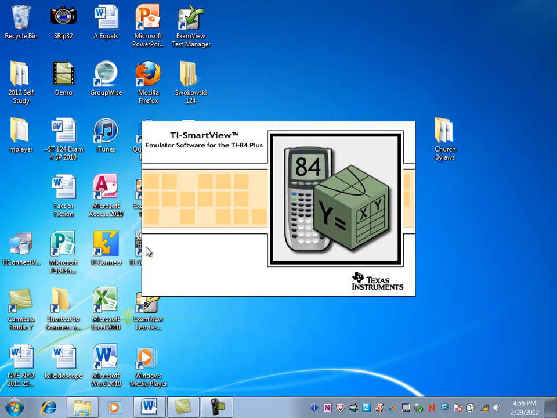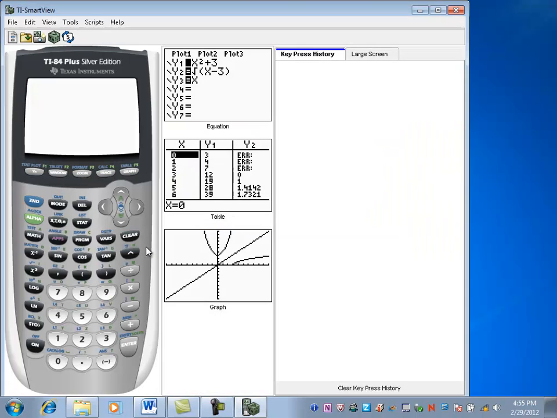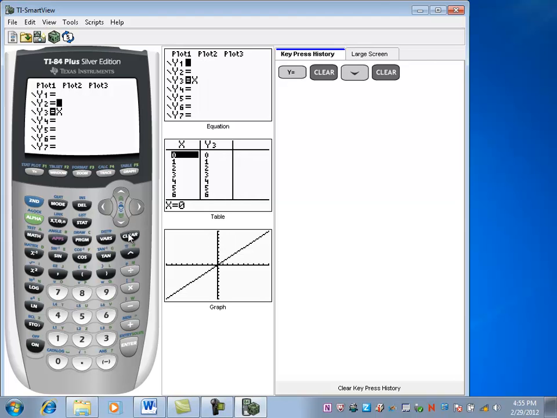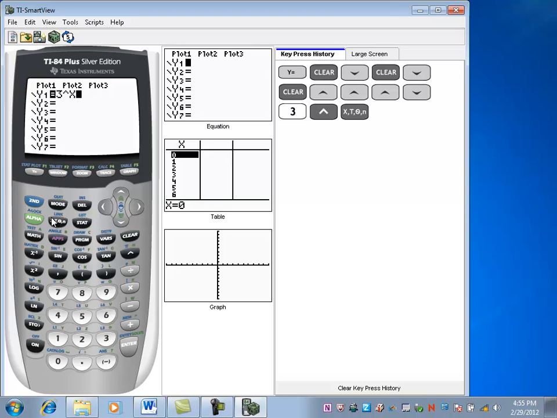Let's take a look at, first of all, the graph of y = 3 to the x. Alright, so here we go. 3 raised to the x power. We're going to look at this in the standard viewing window.